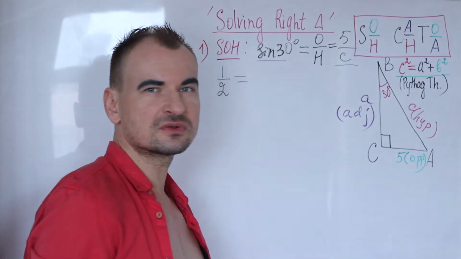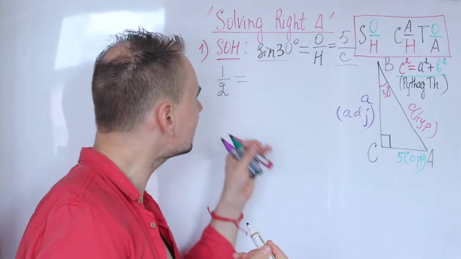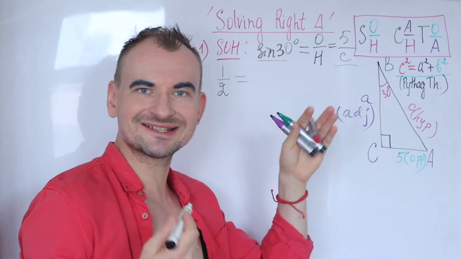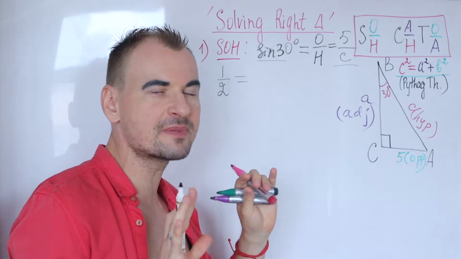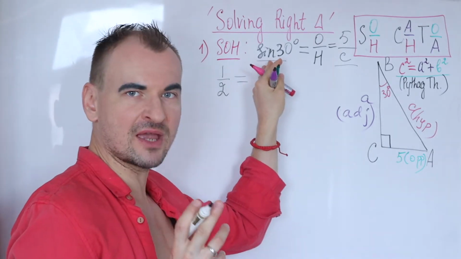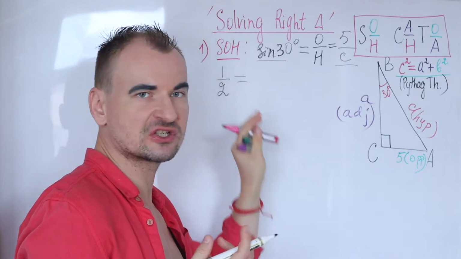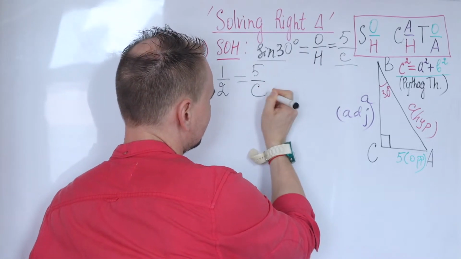If you are allowed to use a calculator, you could plug it in and figure out these values. But since 30 degrees is a standard angle, and this is a special triangle, this is a stable value for trig functions, and it is just a half. And you have 5 over c.